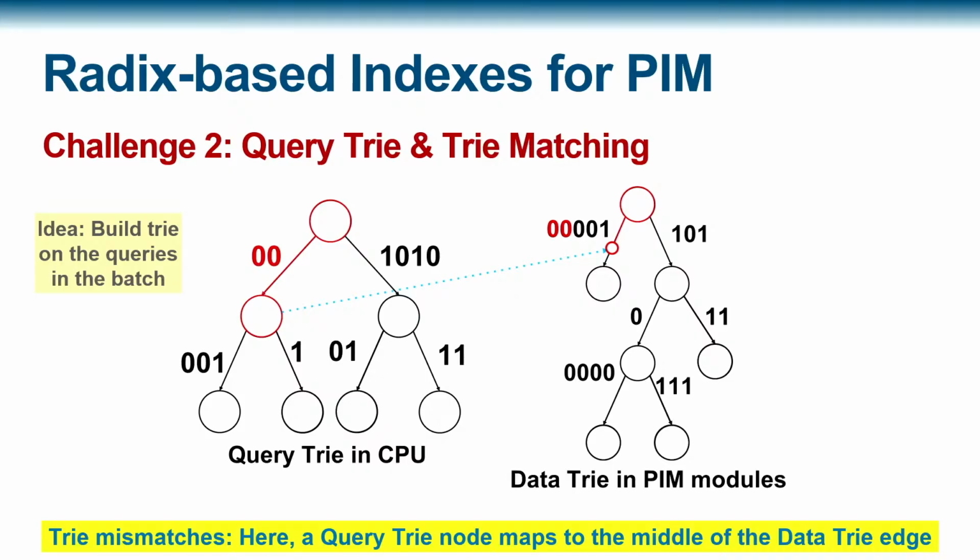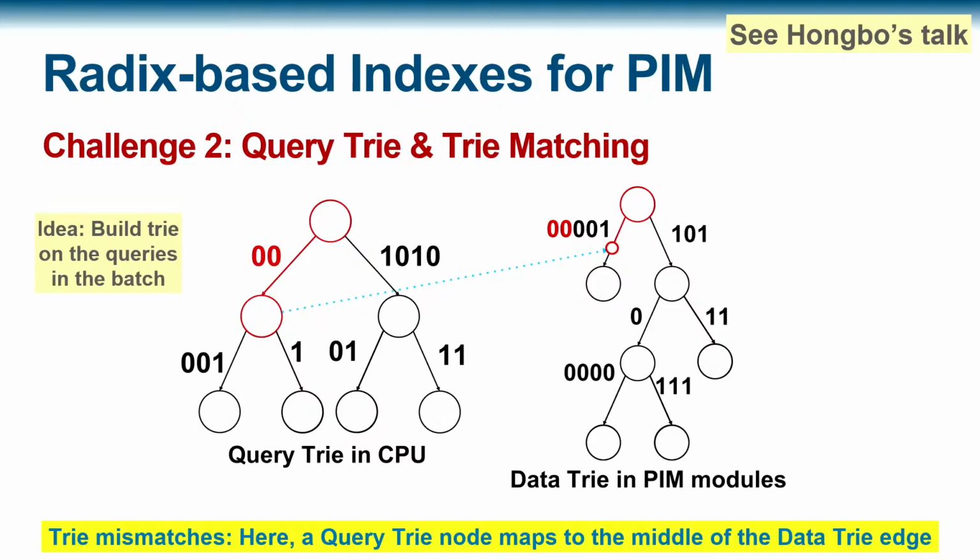So you're trying to match this trie node in the query batch against something that actually falls on an edge, right, in the overall structure. Okay, so that's one of the key challenges in doing this sort of trie versus trie matching kind of policy.